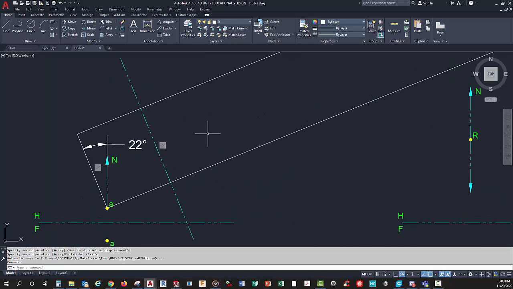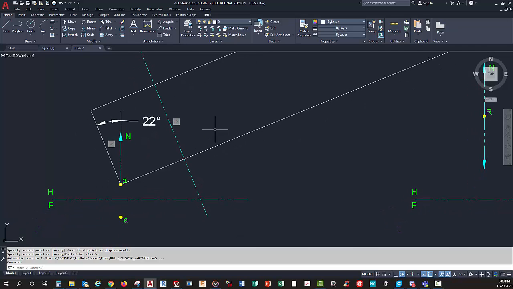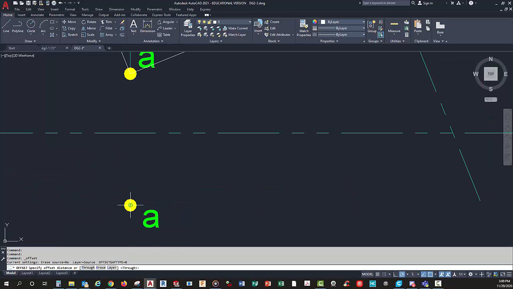Alright, so next thing, well, I know that A is this far off of the line, so I can locate this point at least, right? Well, let's think about that. How do we do that? Let's go to offset, and I'm going to try to find the center of this lovely thing here.